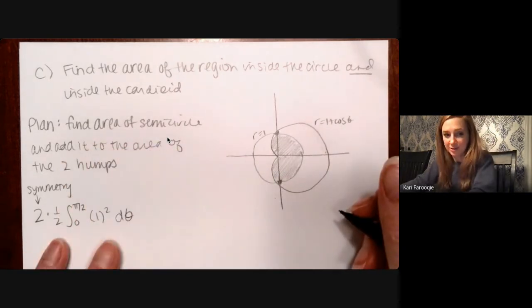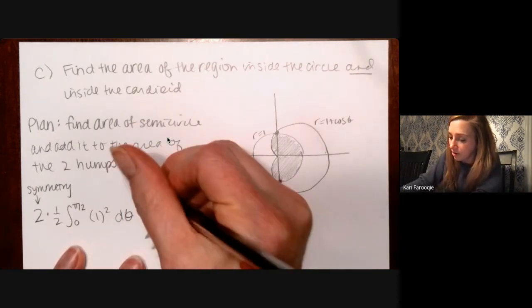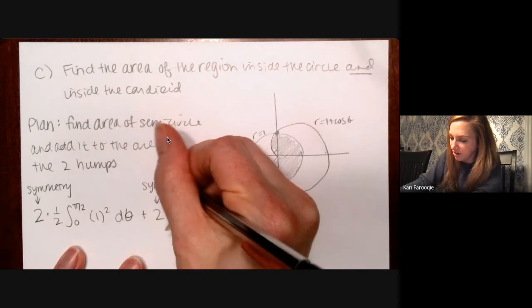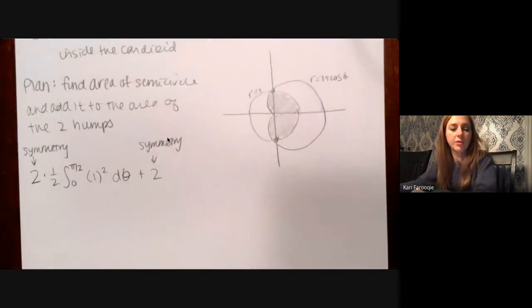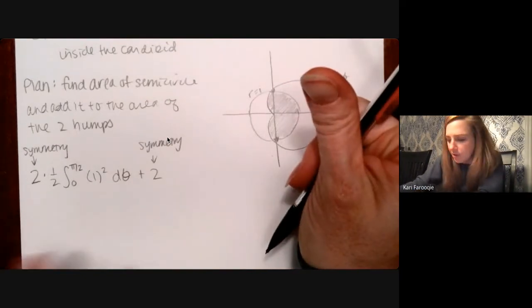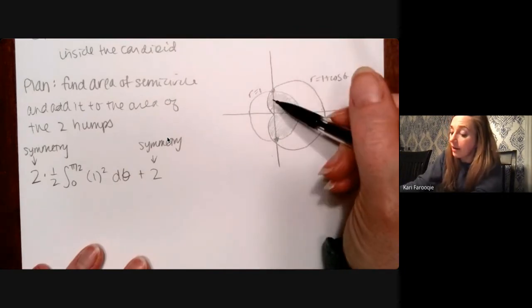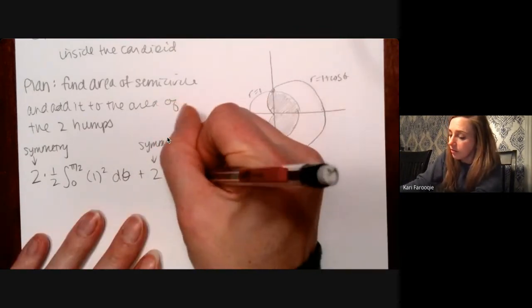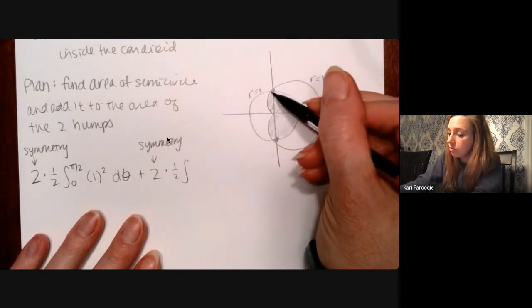This is what I was saying you could use geometry for. And I'm going to add that to twice. I could have technically just combined all this into one integral. Maybe I will in the next step. Well, actually, I can't. Never mind. I don't have the same limits of integration. I can't do that. I'm going to add this to twice, and then we have a half. Now we're going to go from pi over 2 to pi.